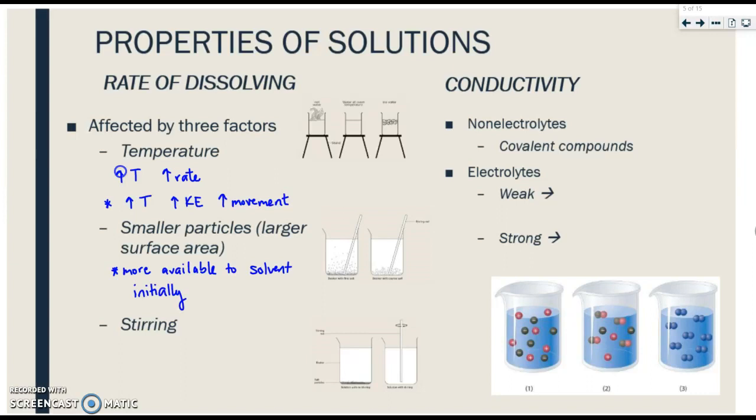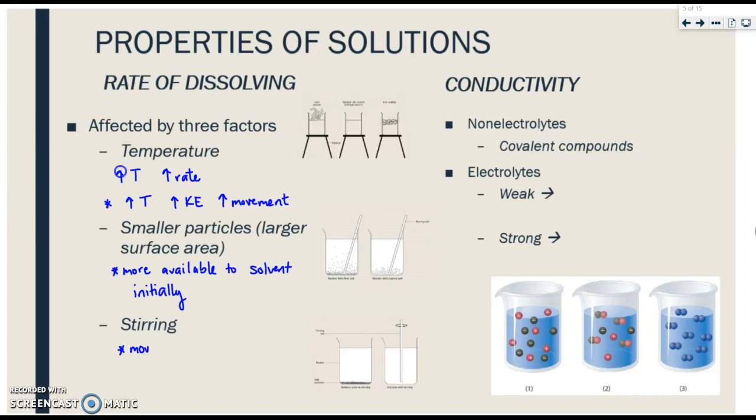Okay, and again, that's something we know, right? If you stir something, it's more likely to dissolve than if you do not. And the reason for this is because you're helping those molecules move around, okay, or the salt move around, whatever you happen to be dissolving. And because you're moving them, fresh solvent comes in contact with the solute, which increases dissolving.